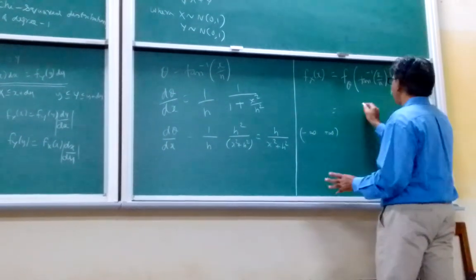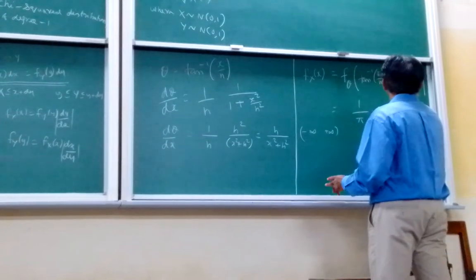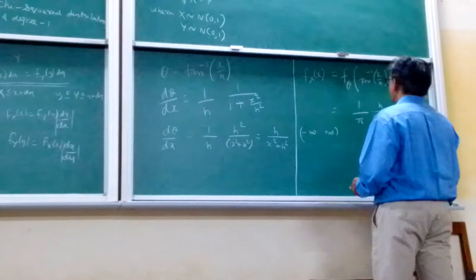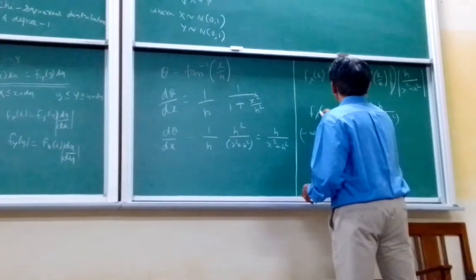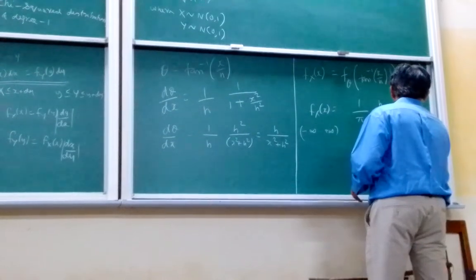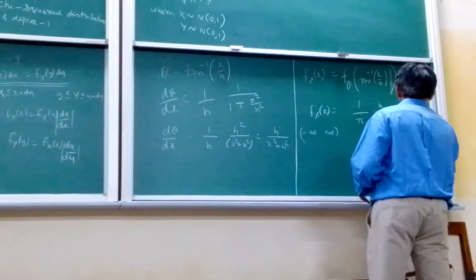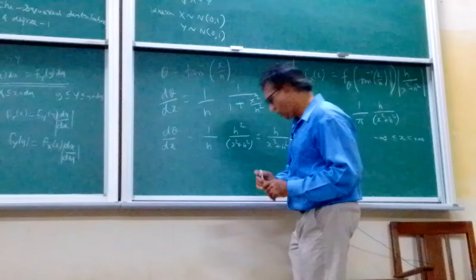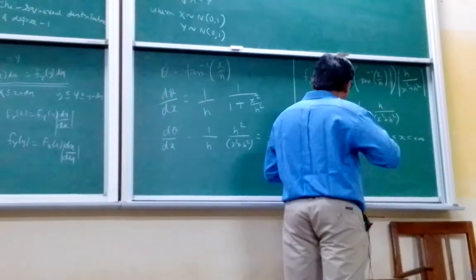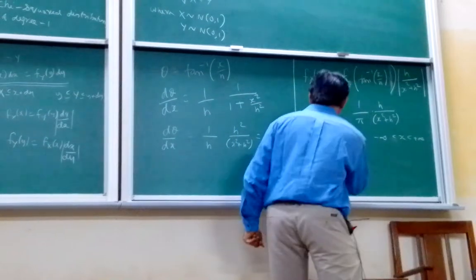So this is 1 over pi only. So this is the so-called Cauchy distribution.